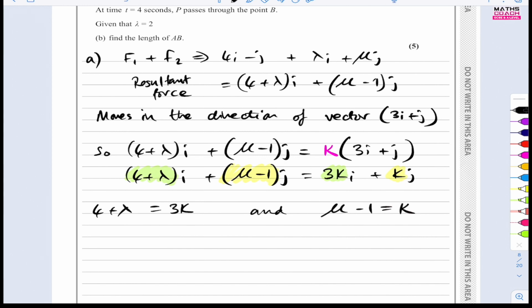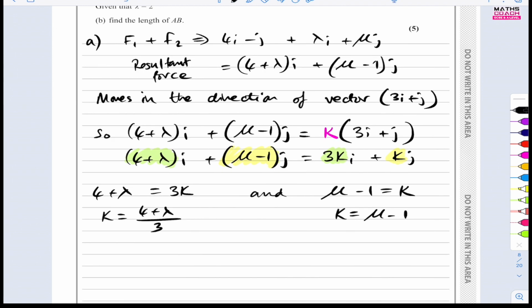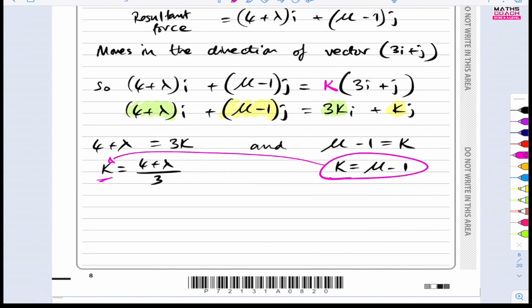If we work this out further, we can write an expression for k for the first one: 4 plus lambda over 3. For the second one, k is equal to mu minus 1, which is what it said, actually. We don't really need to do anything there. Then we can solve them. We can equate them, so that gives us (4 plus lambda) over 3 is equal to mu minus 1.